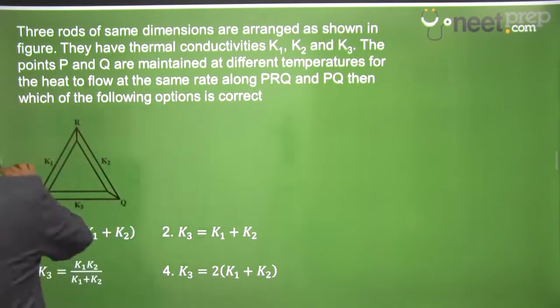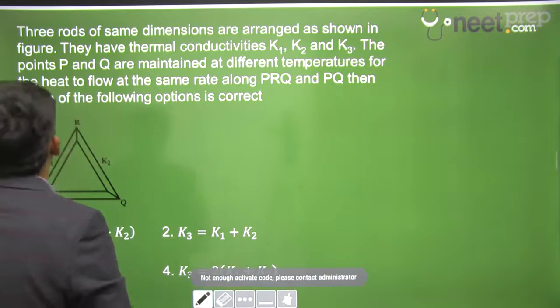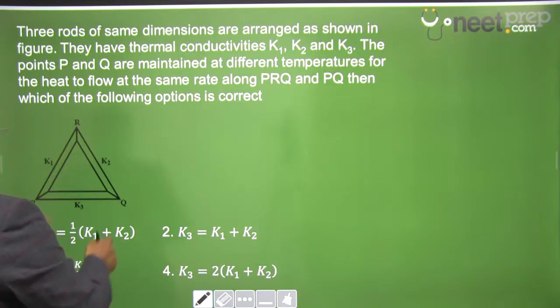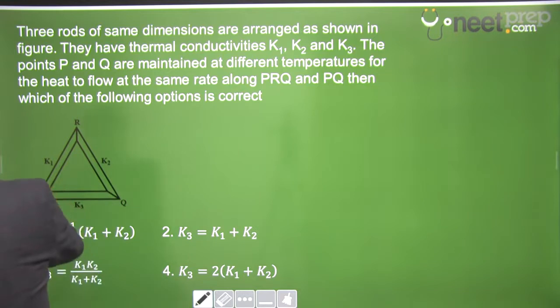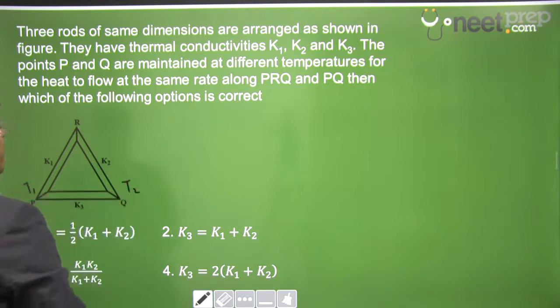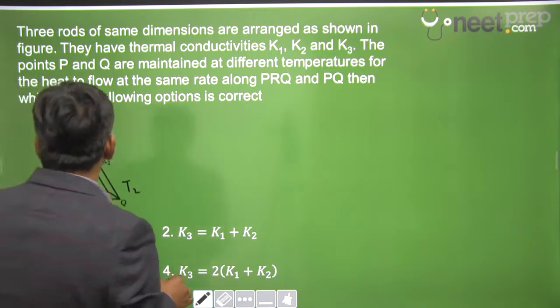See the next question, dear students. We have two slabs K1 and K2, and the other slab is K3. They have the same dimensions, length and area are the same. The points P and Q are maintained at different temperatures, say T1 and T2. There is the same rate of flow of heat through PRQ and PQ.